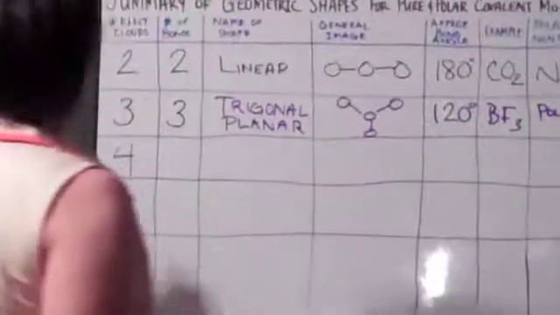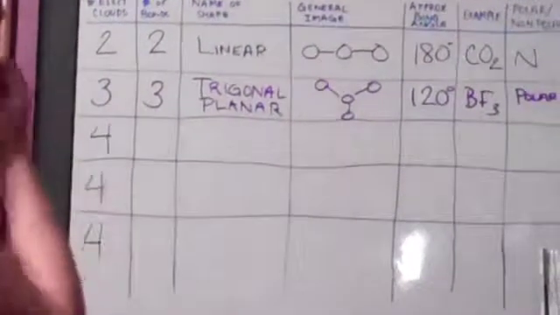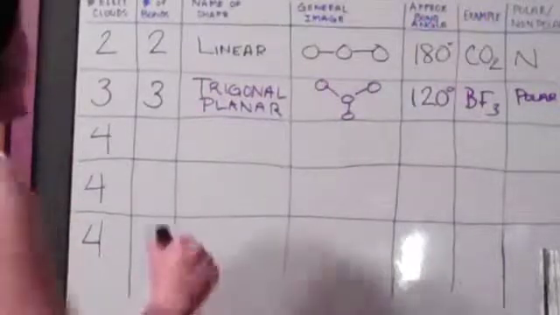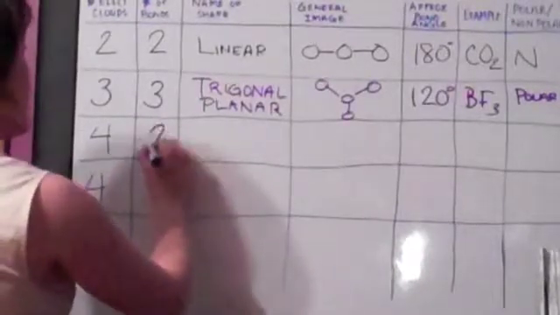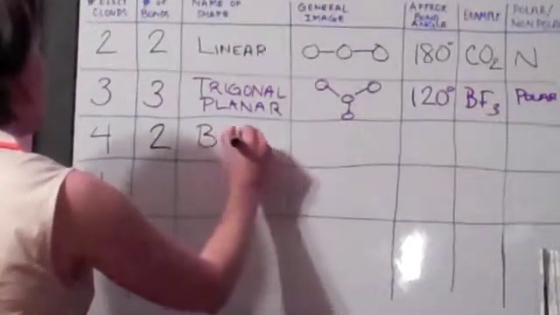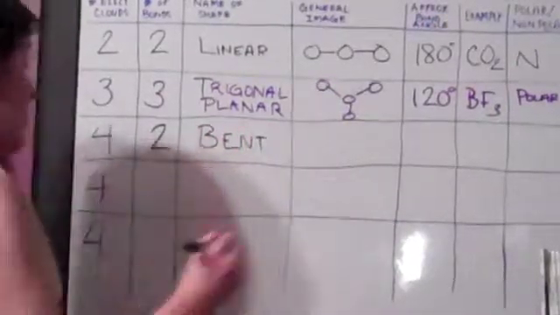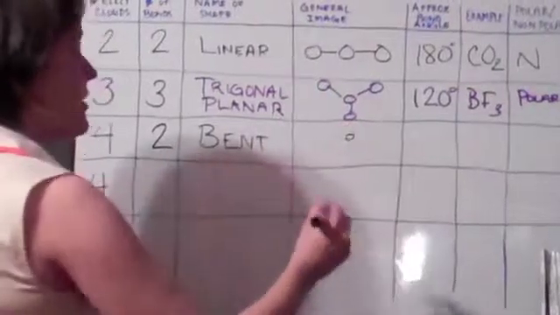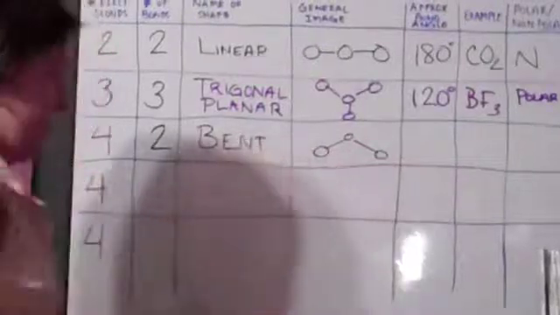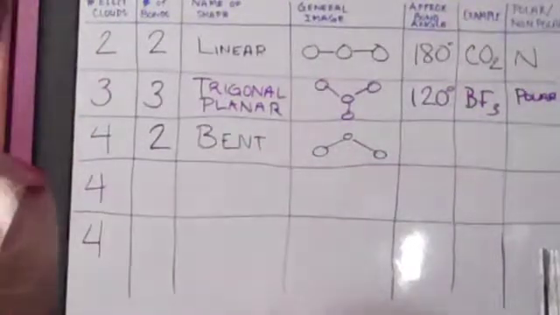So, the next one that we have, number of electron clouds, 4, and we're going to deal with just 2 bonds. If we have 4 electron clouds but 2 bonds, we've got our general shape of bent. So it would look something with a central atom there, and then coming off, not in a line, we've got our little bent shape.